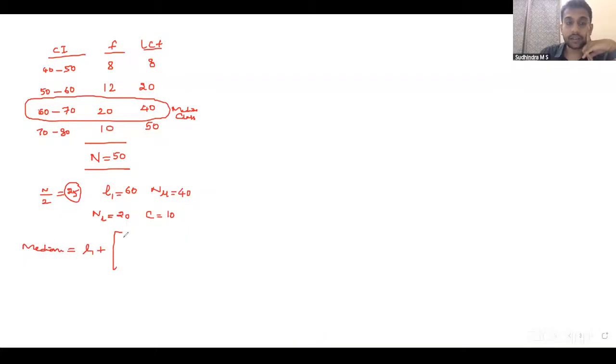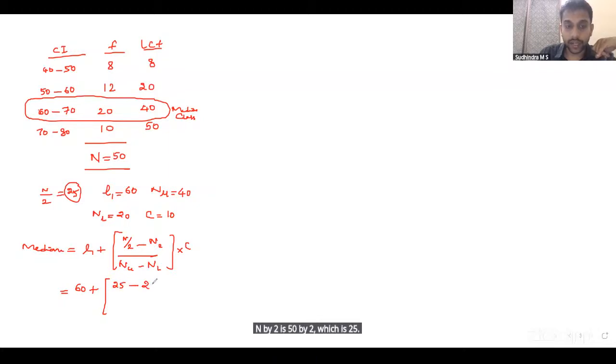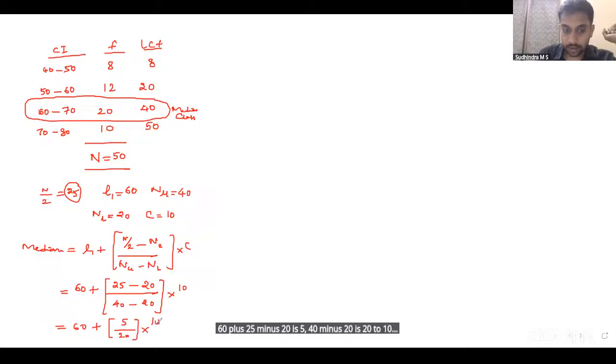Median is L1 plus N by 2 minus NL, over NU minus NL, into C. L1 is 60, N by 2 is 50 by 2, which is 25, NL is 20, NU is 40, C is 10. 60 plus 25 minus 20 is 5, 40 minus 20 is 20, into 10.